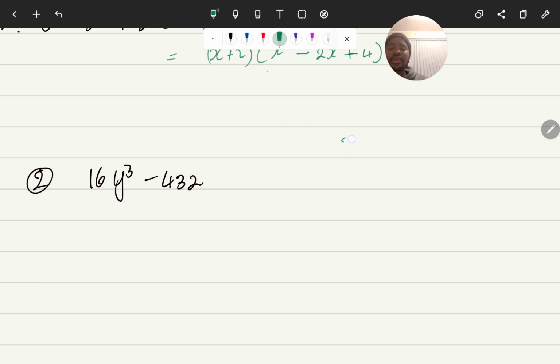2 times 2 is 4. Basically I'm trying to say 8 is 2 to the power of 3. And then 3 to the power of 3 is going to be 27, and that's not 27.